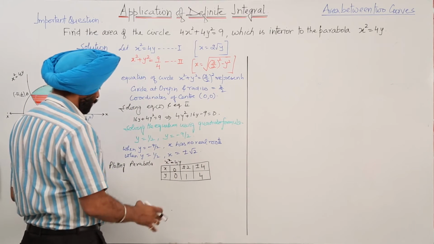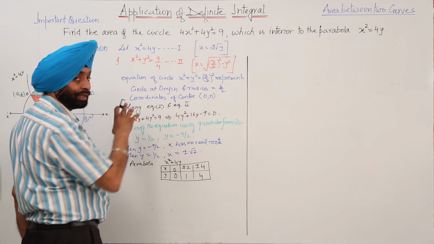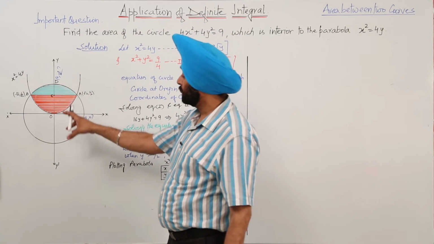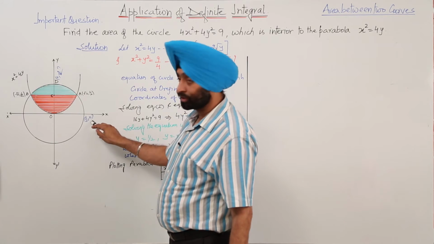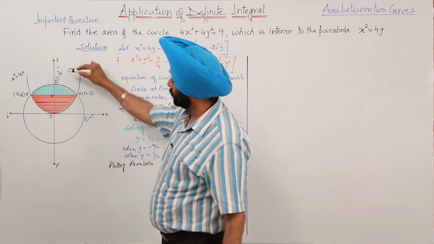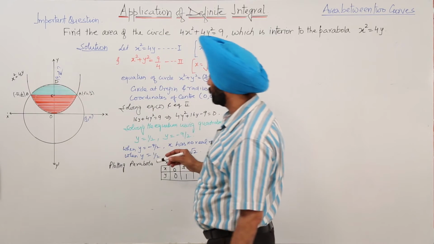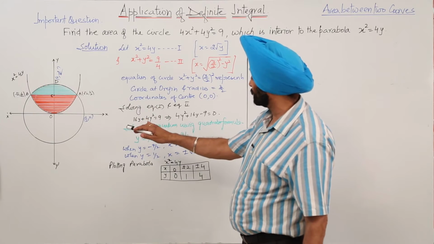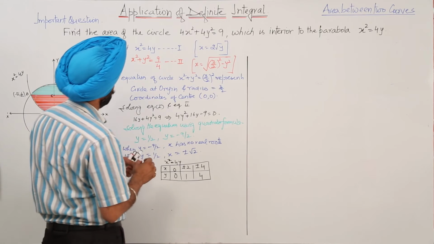Now with the help of coordinates of the parabola with the radius 3 by 2 and center at the origin, we have plotted this figure, okay? Circle, center at the origin, radius 3 by 2, and these coordinates are 3 by 2 comma 0 and this becomes 0 comma 3 by 2, and points of intersection we have not mentioned, let's mention it now.